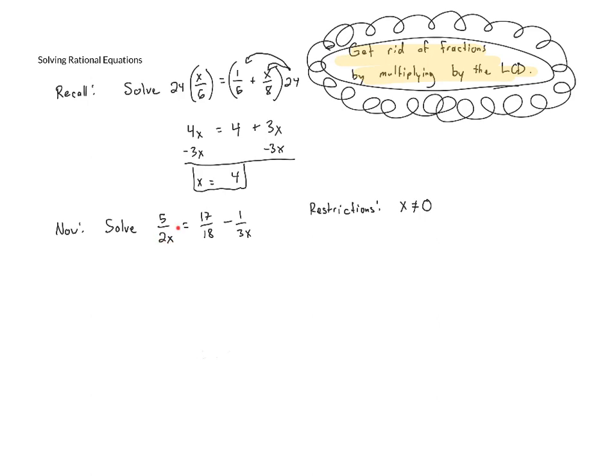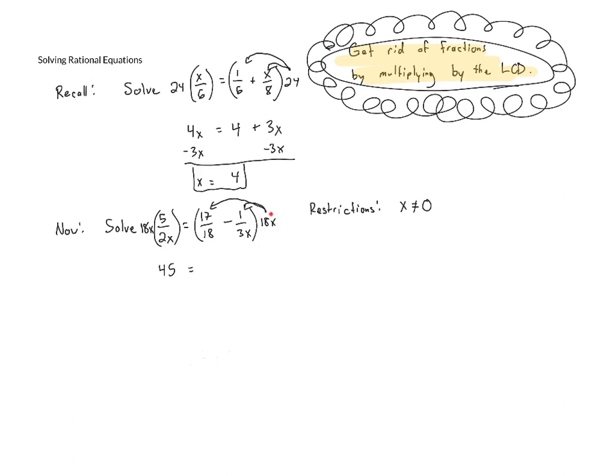The denominators are 2x, 18, and 3x. The LCD here is going to be 18x. On the left-hand side, 18x times 5 is 90x, and if we divide that by 2x, we get 45. On the right-hand side, we're going to have to distribute this 18x.